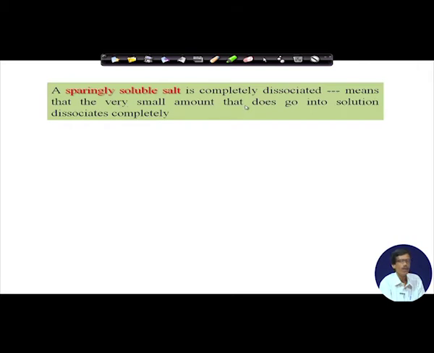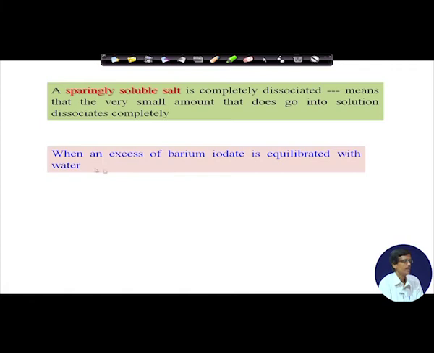A very small amount is available in the solution, and we can detect that particular cation or anion in the solution, because you have a certain amount of solubility in that medium.